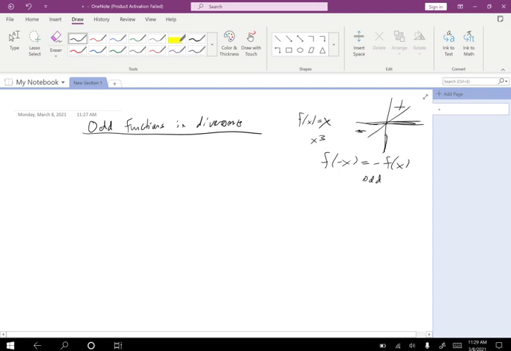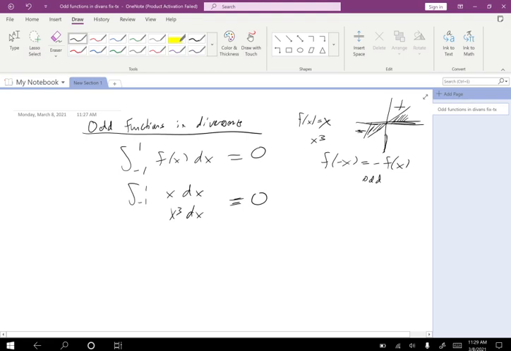And odd functions are nice because the integral of an odd function over a symmetric domain is actually 0 because the positive cancels exactly with the negative. So for example, the integral from -1 to 1 of x dx or x cubed dx is actually 0. And you could do that by anti-differentiating, of course.